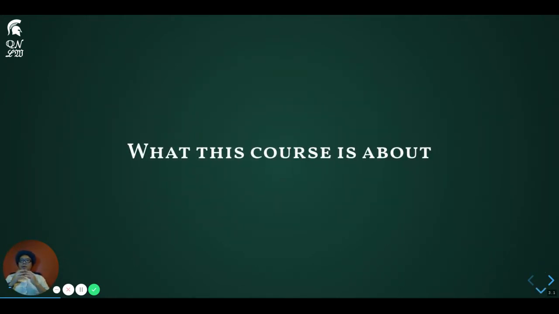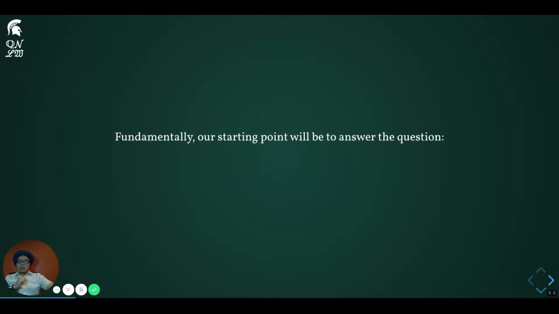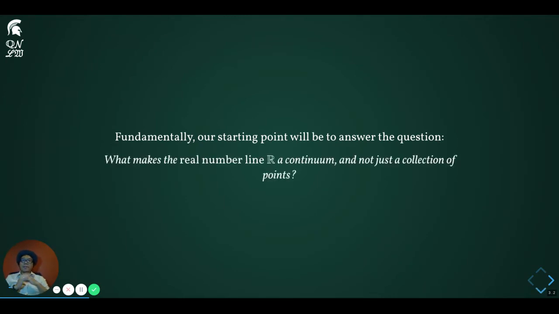So, having described real analysis in the abstract, let us talk about our course. The central focus of our course lies in answering one particular question. What makes the real number line R a continuum and not just a collection of points?